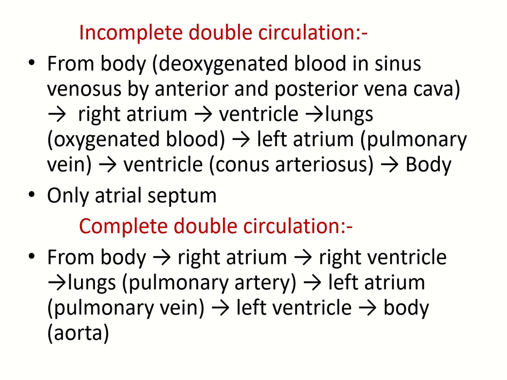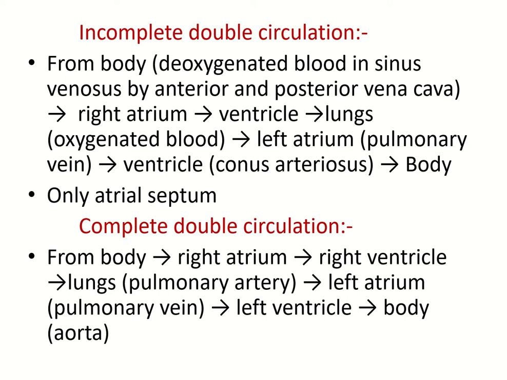So I'm telling you the route for incomplete double circulation. All the deoxygenated blood from the body, from the sinus venosus, from the anterior and posterior vena cava, enters into the right atrium, then from the right atrium into the ventricle, because in incomplete double circulation the ventricle is not divided. Then from the ventricle the blood is pushed into the lungs where oxygenation takes place.